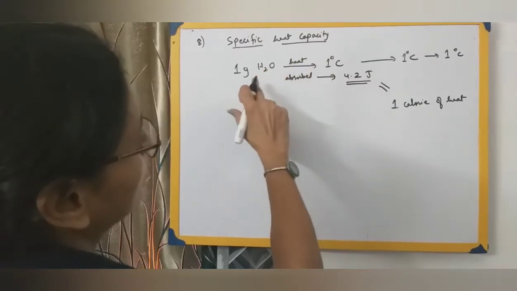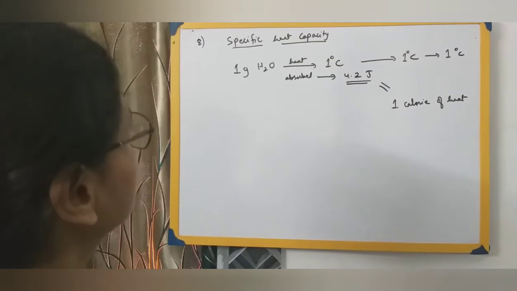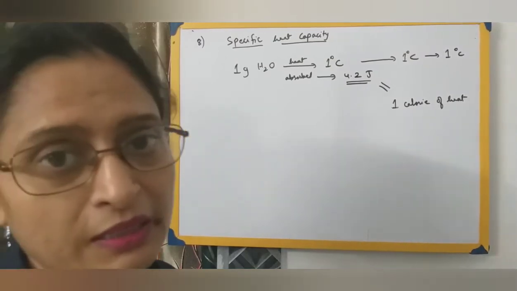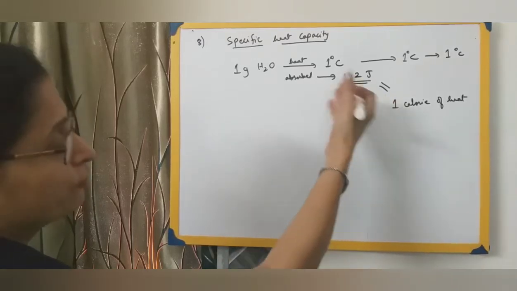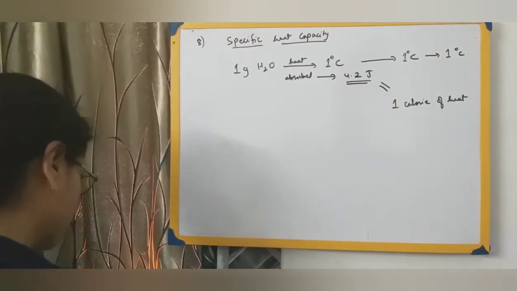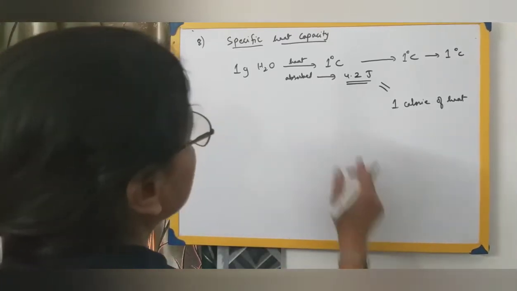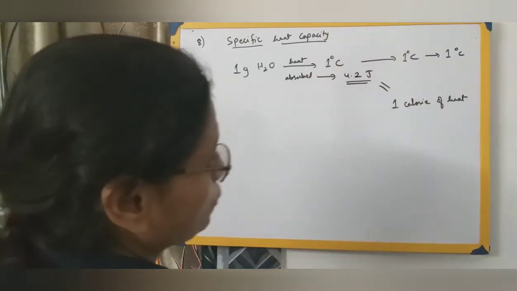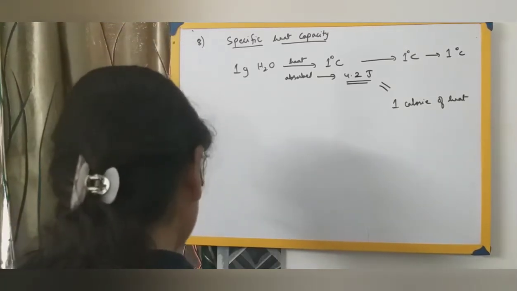This amount of heat required to heat 1 gram of water by 1 degree Celsius is called the specific heat capacity. It is a fixed quantity of heat absorbed.